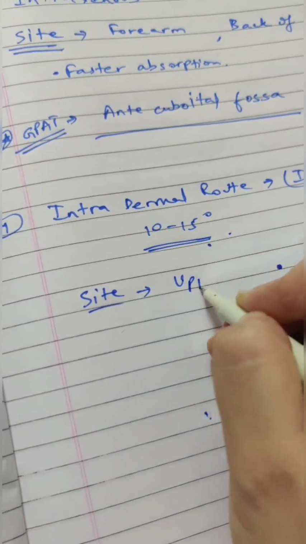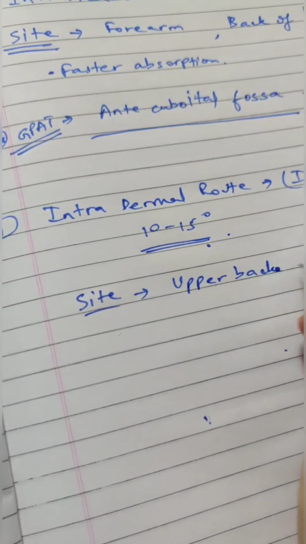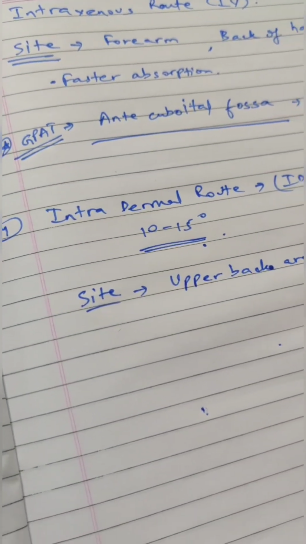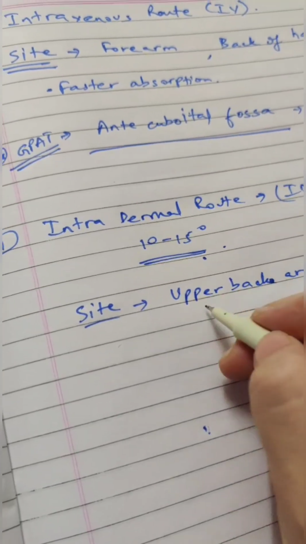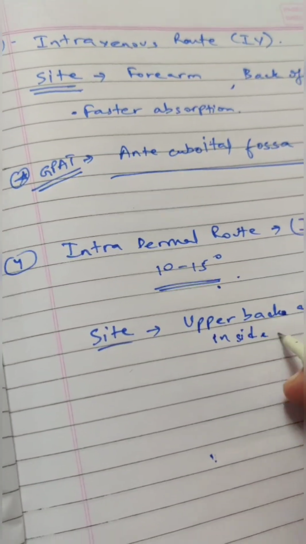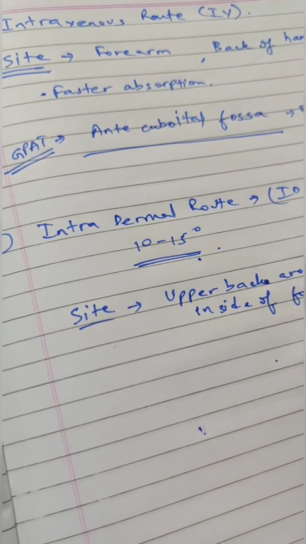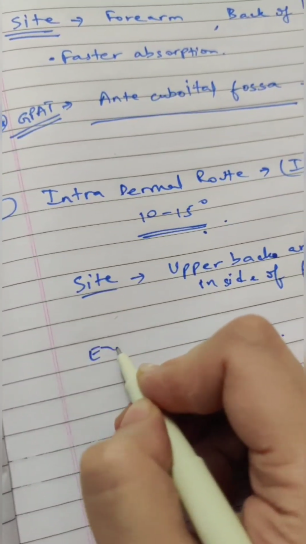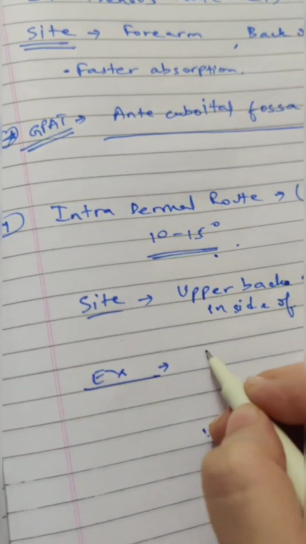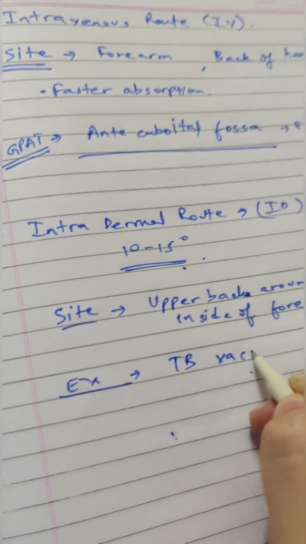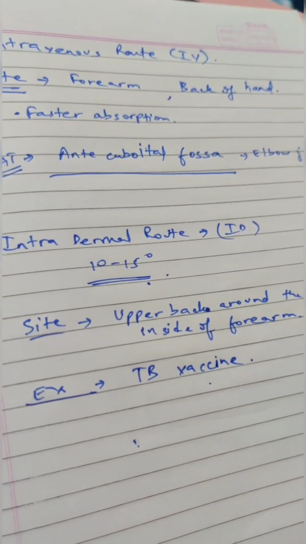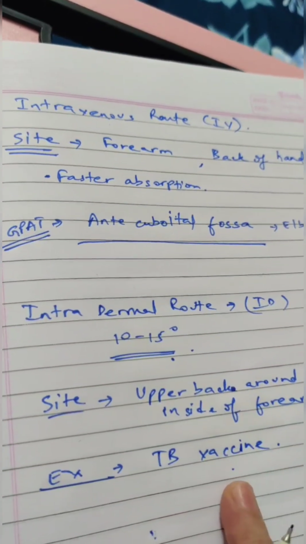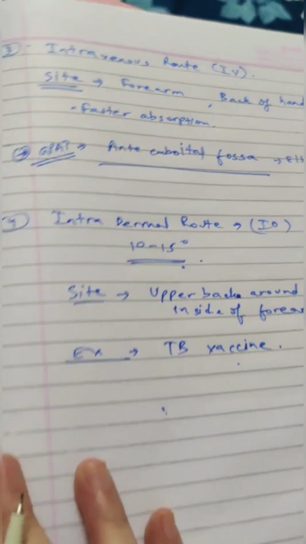It's usually upper back around the shoulders, okay, upper back around the shoulders, and inside of forearm. And example of this is TB vaccine. TB vaccine is an example of ID route of parenterals.